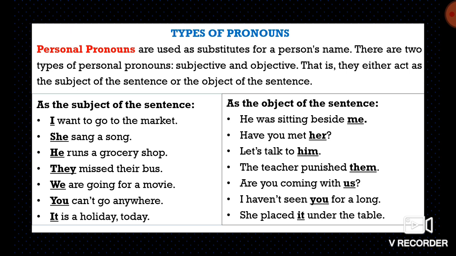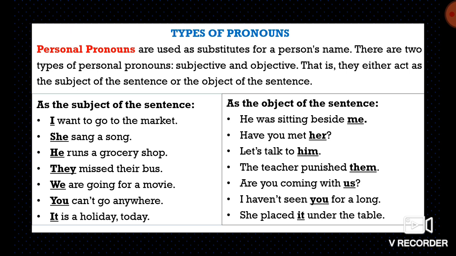Now look at the sentences where pronouns act as an object of the sentence. First, he was sitting beside me. Second, have you met her? Third, let's talk to him. Fourth, the teacher punished them. Fifth, are you coming with us?